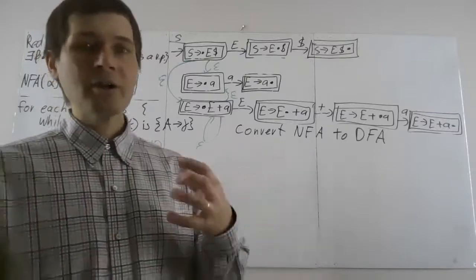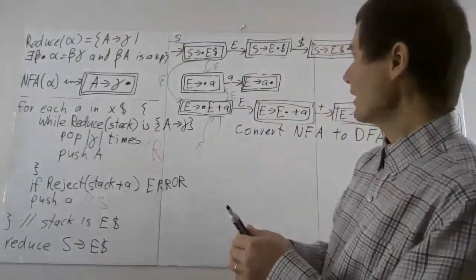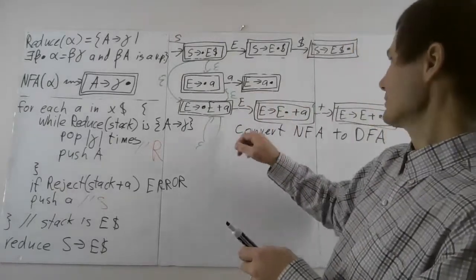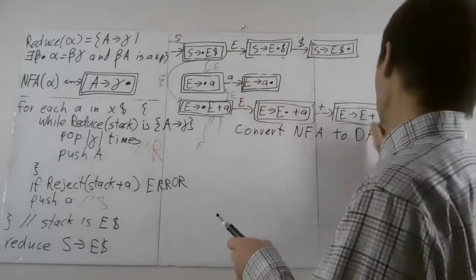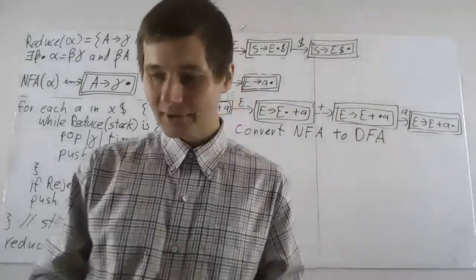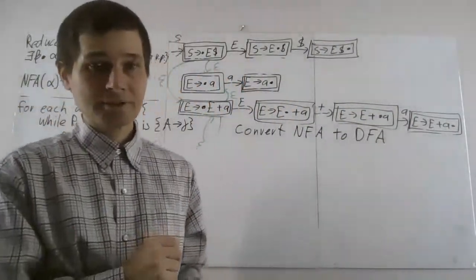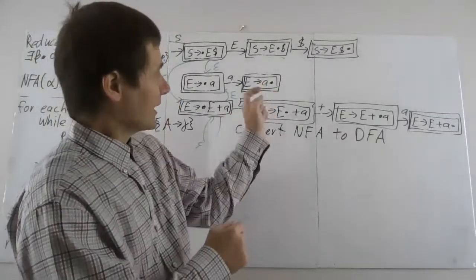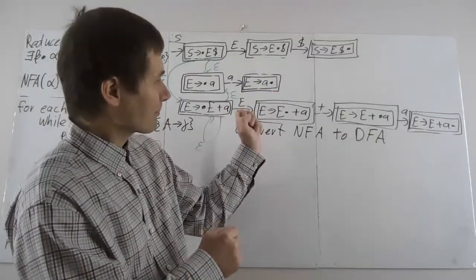So if on a given stack I run the NFA and I get to, let's say, this state and this state, so the NFA can be in multiple states at the same time, then those 2 states will appear in the same state of the DFA.